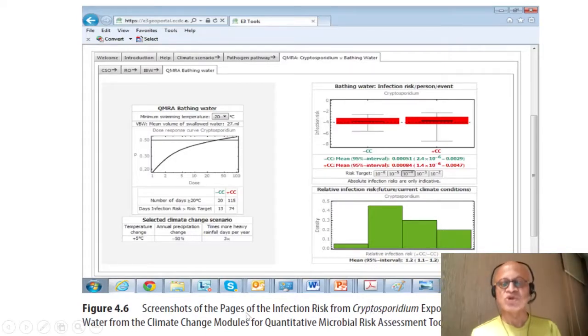Here you're looking at bathing water infection risk per person per event, cryptosporidium, current climate and climate change. It's the mean, and this is the 95 percentile interval. This is the climate change, and that's the current climate.